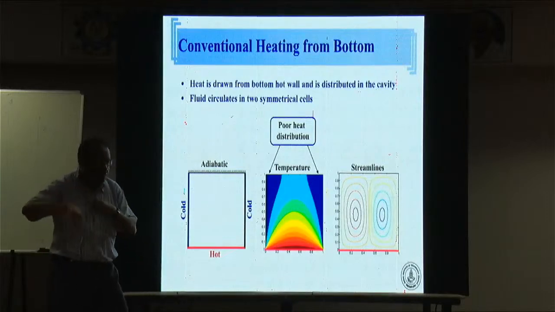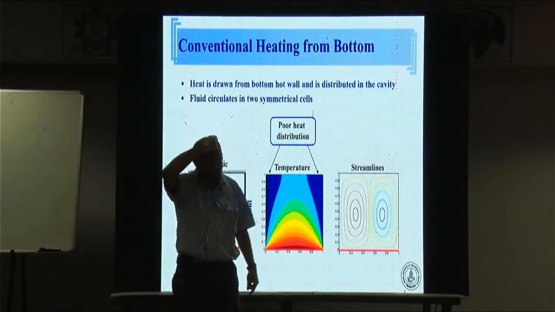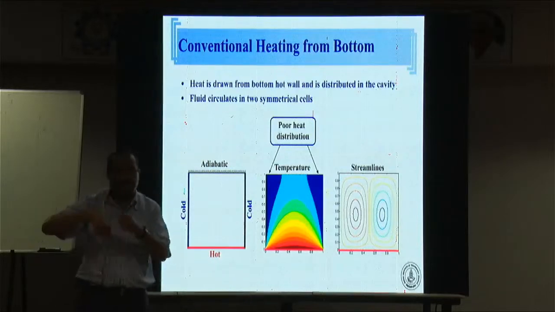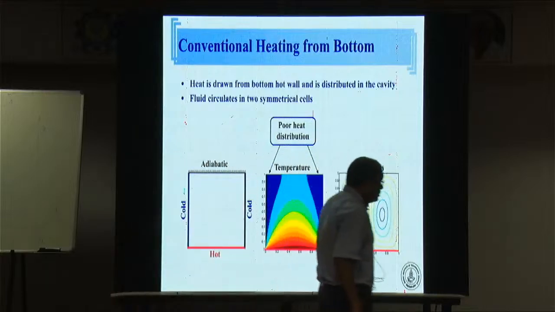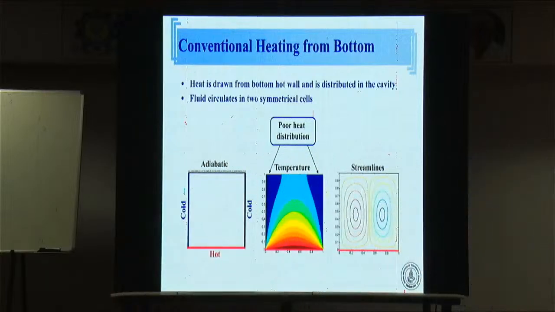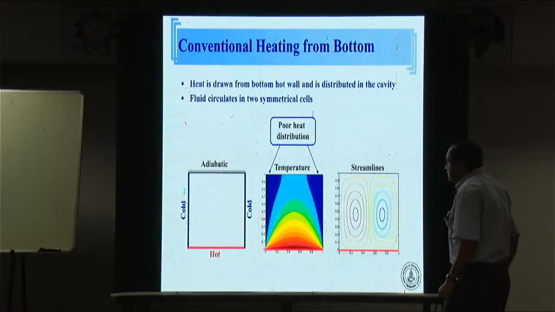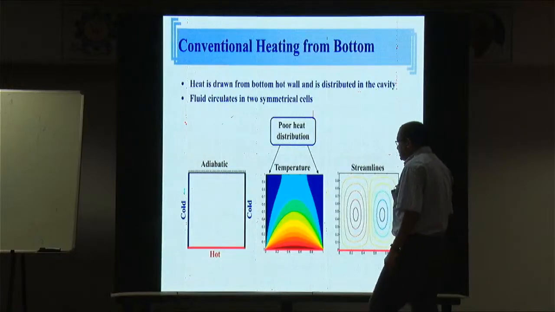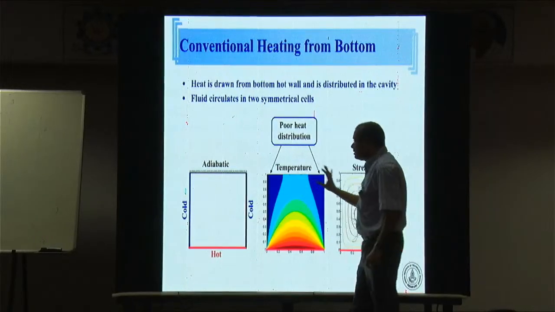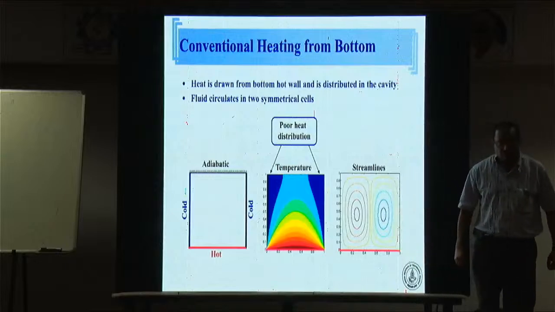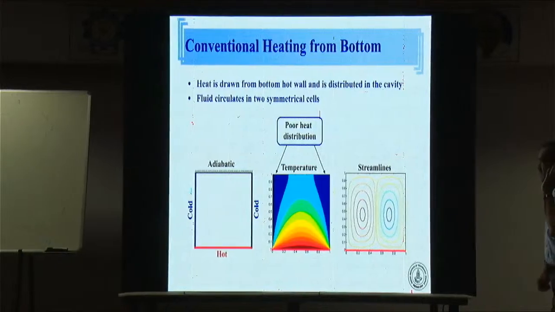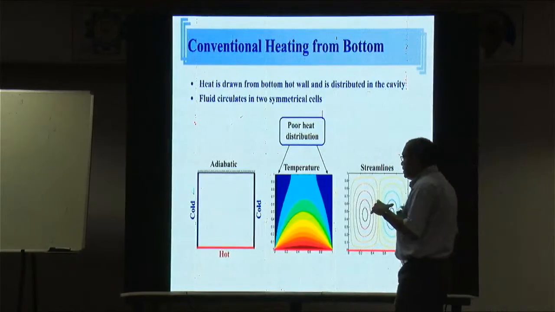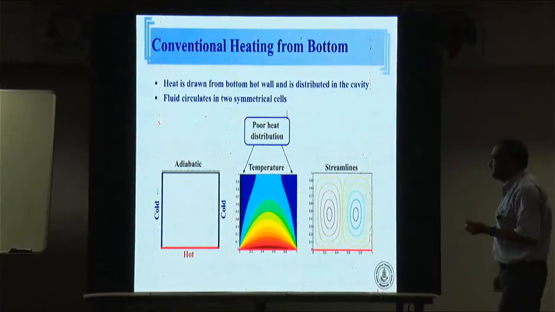You have to mix up, and the liquid itself will mix, and that gives a circulation pattern in the liquid phase, with streamlines, and that gives the convection current. But nevertheless, what I wanted to say is that this part is cool and there is poor heat distribution, and this kind of heat distribution is not conducive for thermal processing, and for that purpose we need better thermal management. Next slide please.